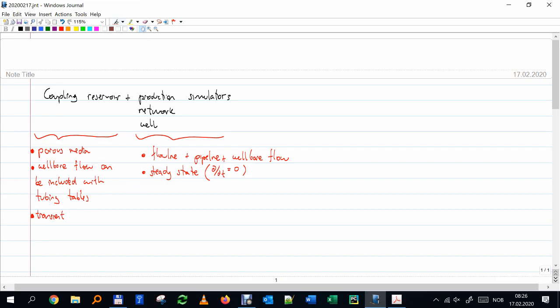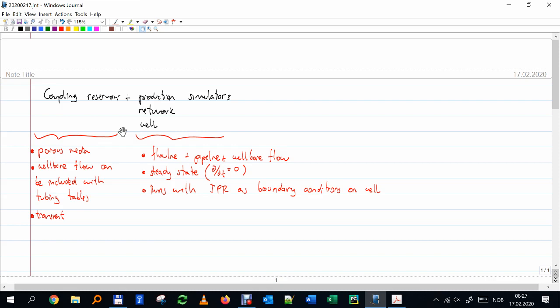Typically this runs with an IPR, the inflow performance relationship, as boundary conditions on the well. As I told you, it is becoming more and more common to use coupling.